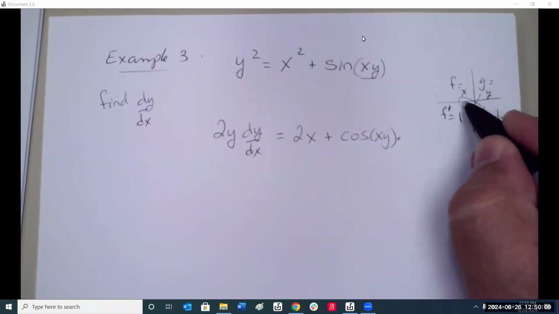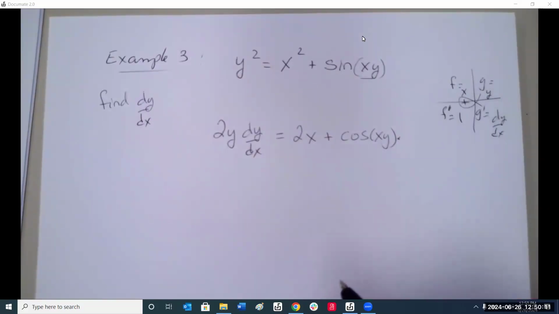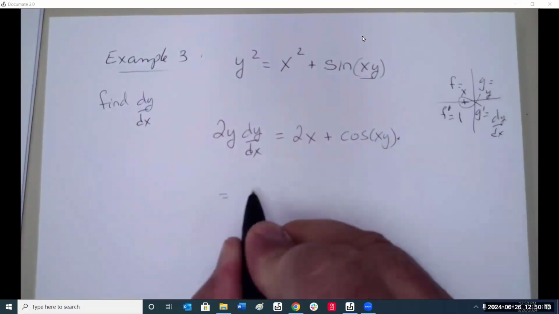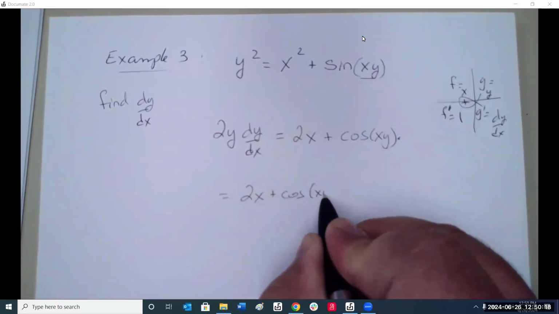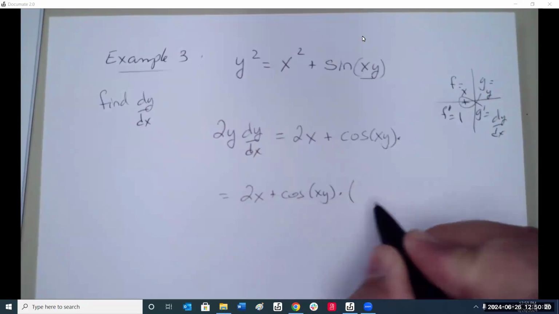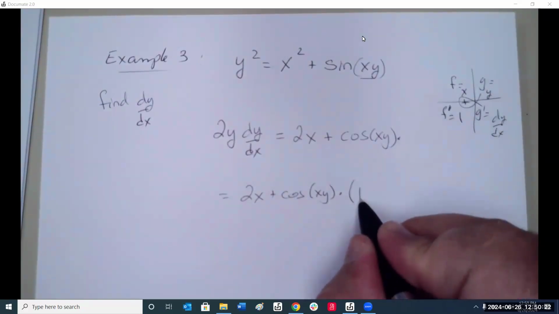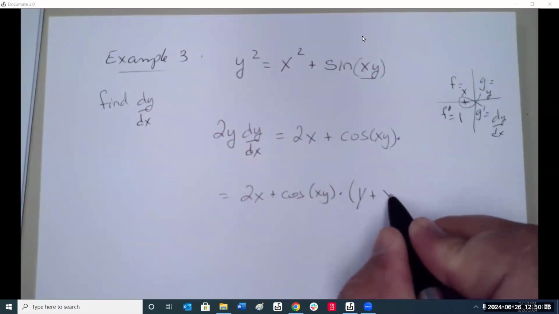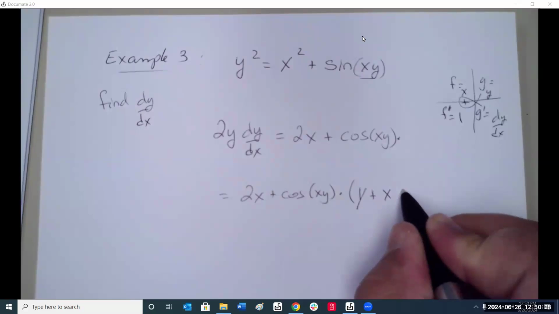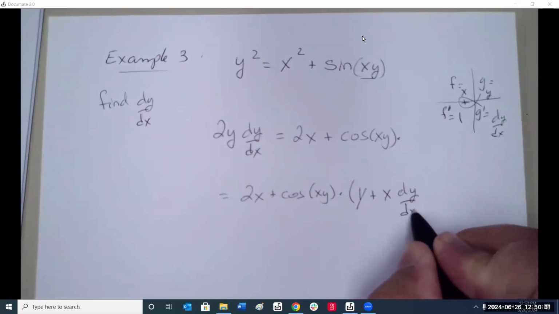So we gotta do the plus sign since it's a product. So it's 2x plus cosine xy times y times 1 is y plus x times dy/dx.